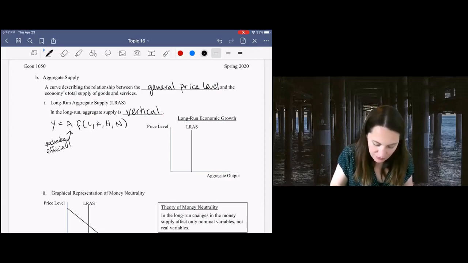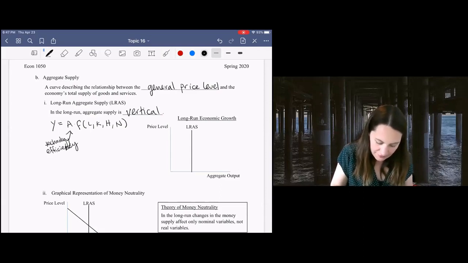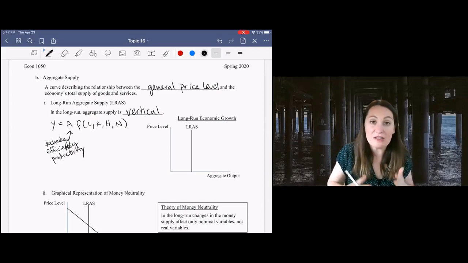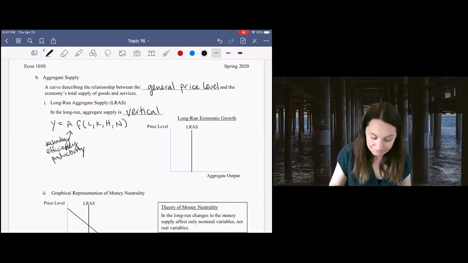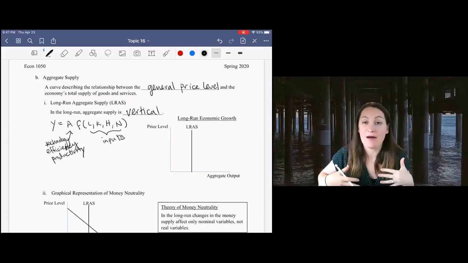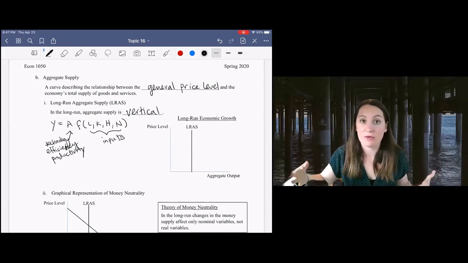So we have this production function that describes the variables that might affect real output in the long run. This is the way that we think about long-run economic growth or decline.